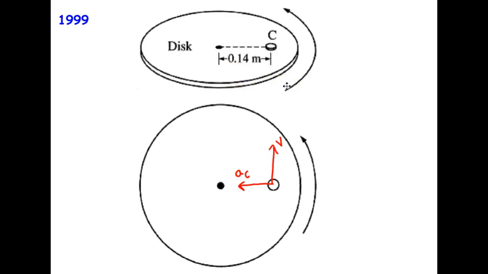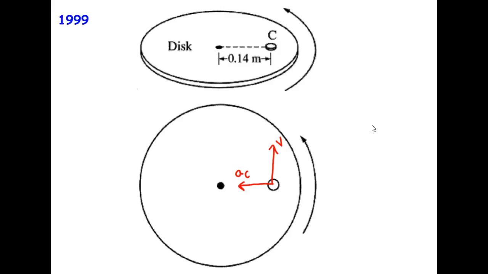The coin does not slip, and the time it takes for the coin to make one complete revolution is 1.5 seconds. The figure below shows the disc and coin as viewed from above. Draw and label the vectors on the figure below to show the instantaneous acceleration and linear velocity vectors for the coin when it is at the position shown.